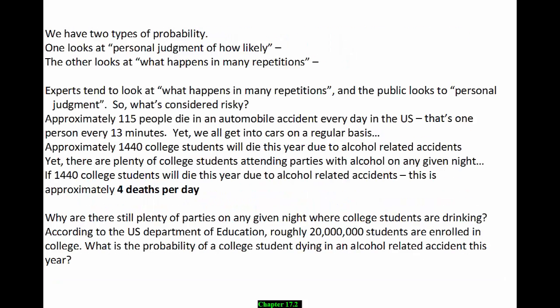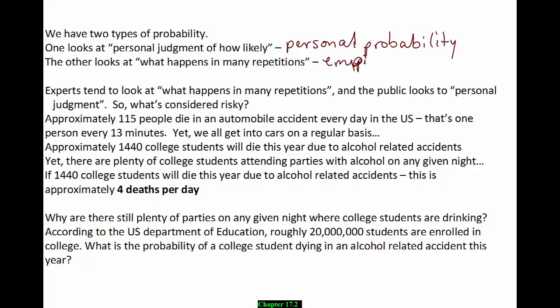Let's explore this a little bit further. We have 2 types of probability. One looks at the personal judgment of how likely, and the other looks at what happens in many repetitions. So the personal judgment of how likely is the personal probability that we talked about at the beginning of chapter 17. The other one looks at what happens in many repetitions.